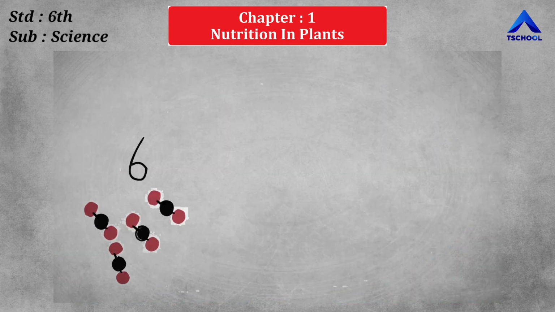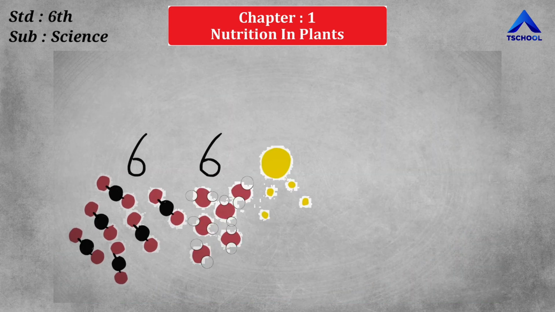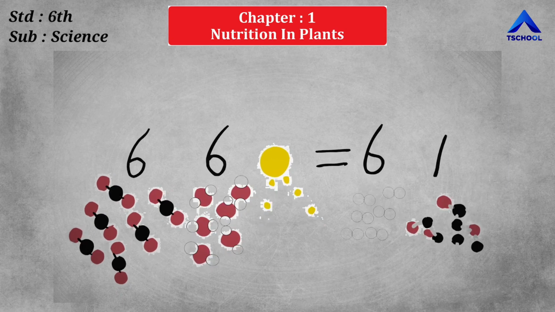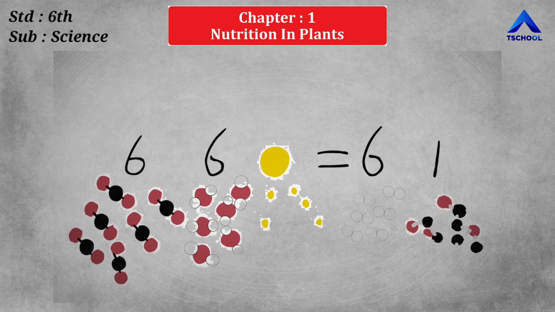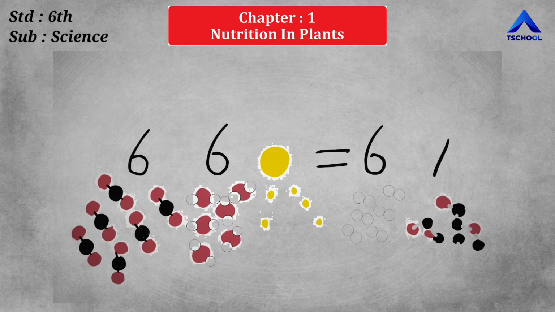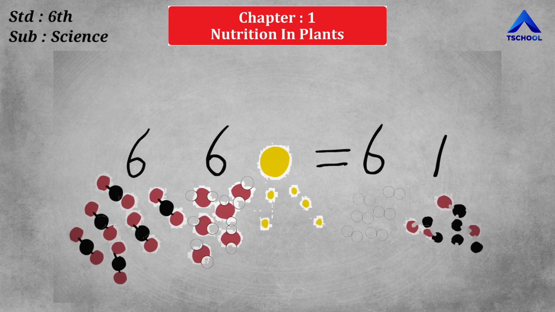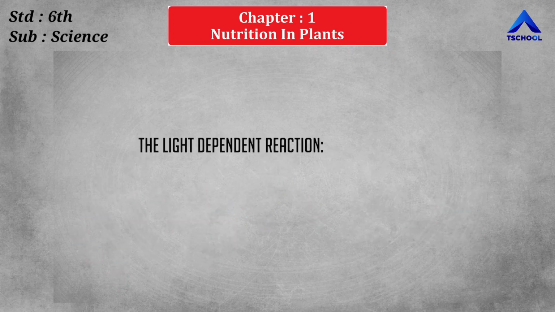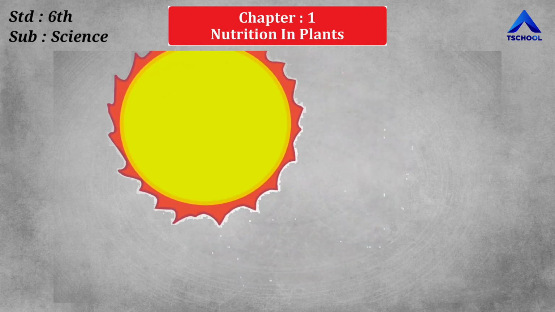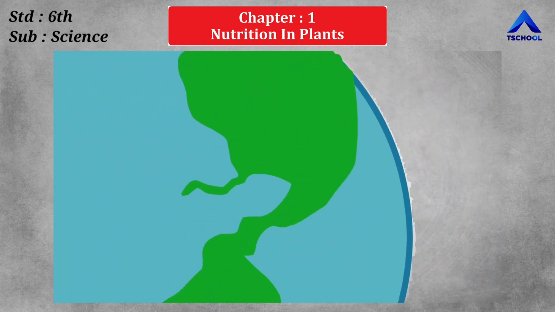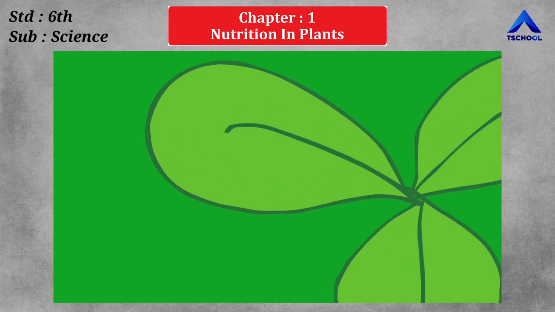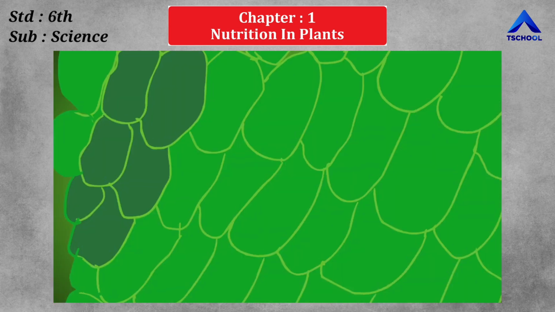This is the formula: 6 carbon dioxide molecules, 6 water molecules, and sunlight make 6 oxygen and 1 carbohydrate, sugar. Starting with the light-dependent reaction, sunlight travels from the sun onto the earth, through the leaf, through the chloroplast, into the thylakoid.